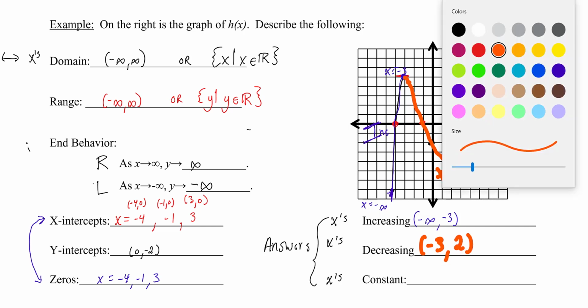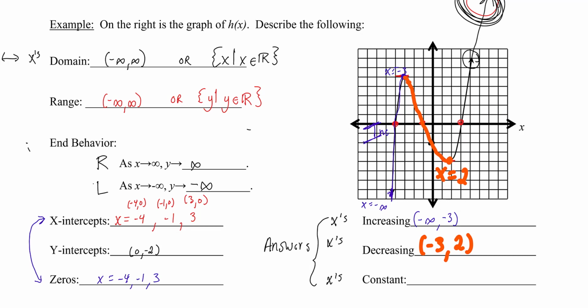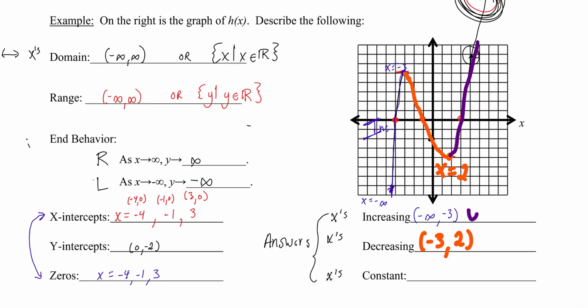And then finally, the last part of this graph is here at 2, and now we are increasing once again. So we increased from negative infinity to negative 3, so I'm going to write a U for union, and it begins to increase again from 2 to infinity. Constant, it's not constant anywhere.